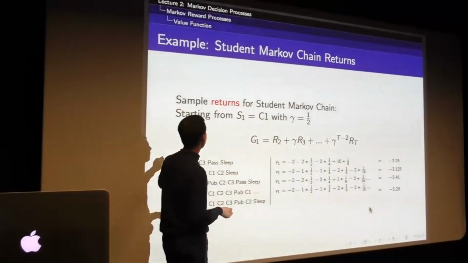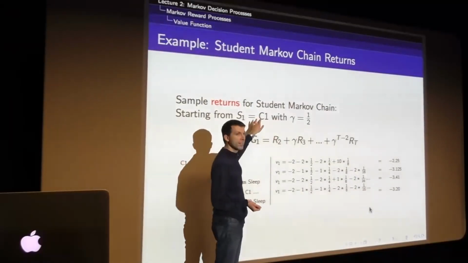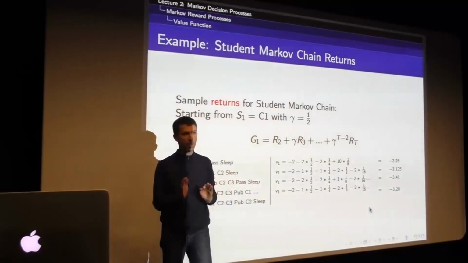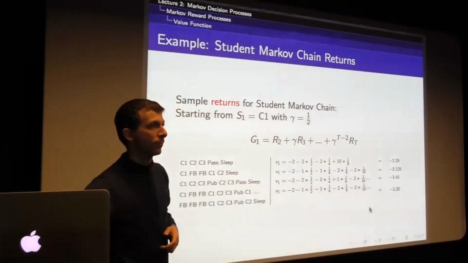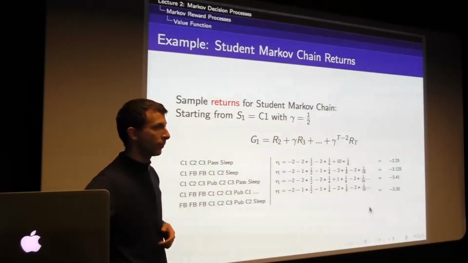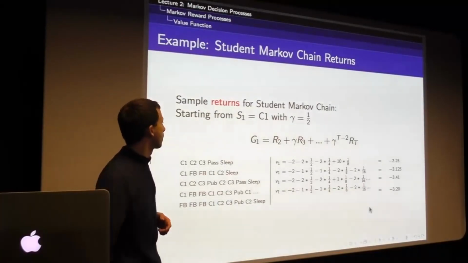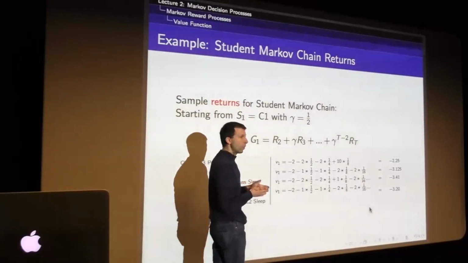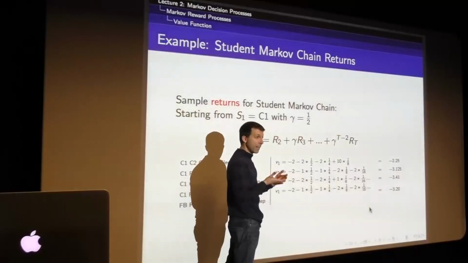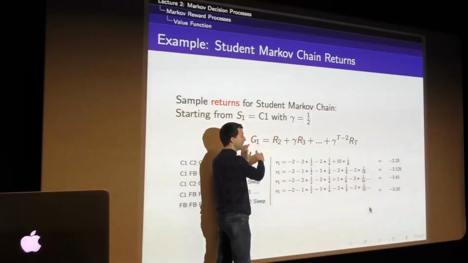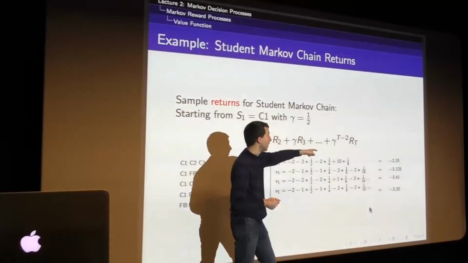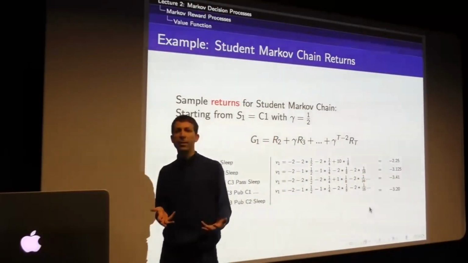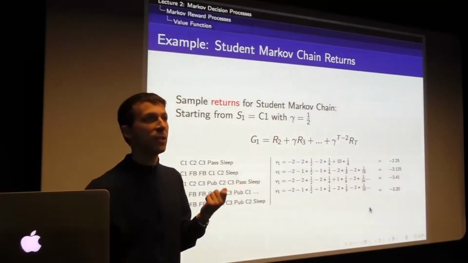We are also starting from S1 equals C1 in this case, but the subscripts are time steps. And they're observed. The point is there are no expectations here because we've observed these sequences. These are observed samples of our random process, and if we want to ask about the value function, we're asking what's the expected return, what's the expected number that's going to pop out at the end. What's the average of these numbers, and that's how good it is to be in the first state of the student Markov chain.